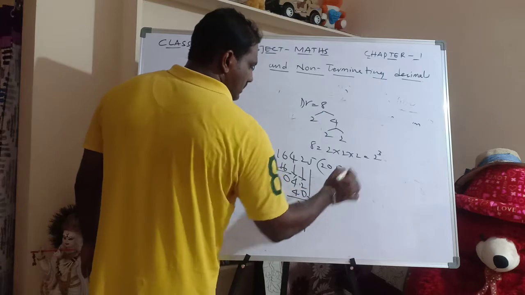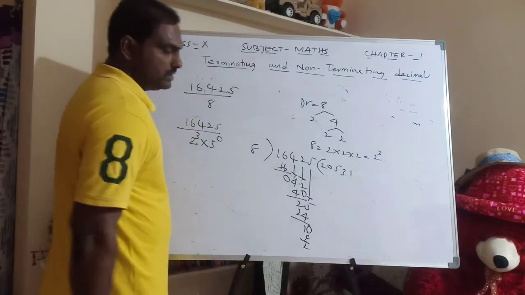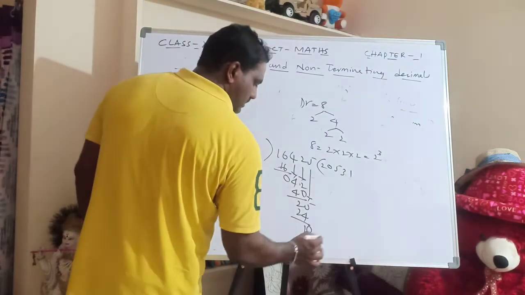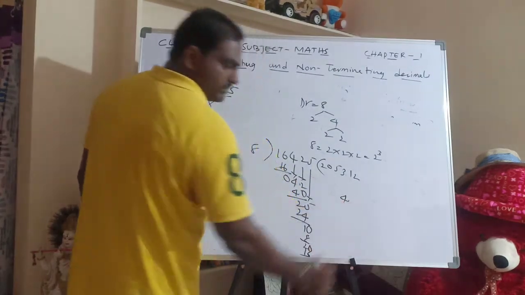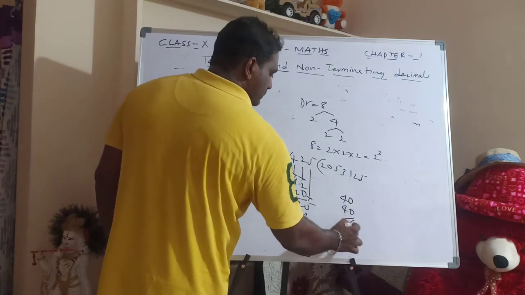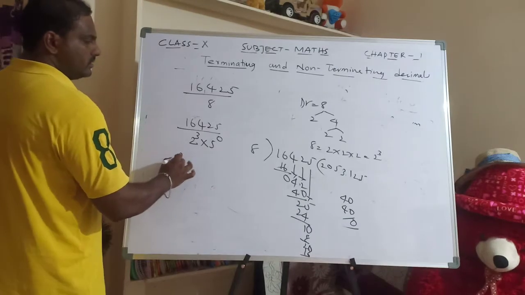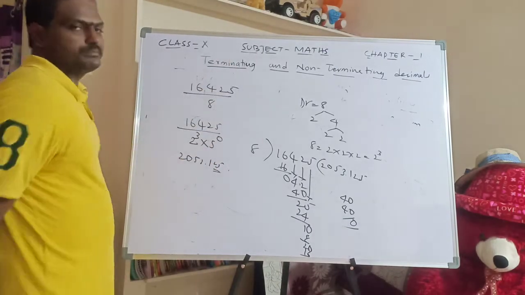Remainder is 1. Now keep the point here. 8 1s are 8. Remainder is 2. 8 2s are 16. Remainder is 4. 0.5. 8 5s are 40. How much did I get? 2053.125. It is terminating. That's all.